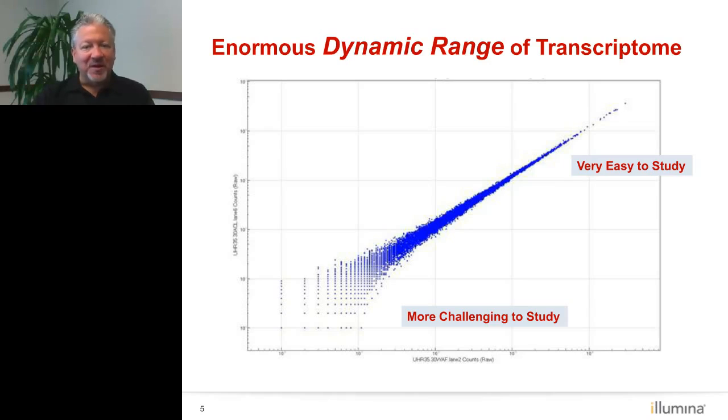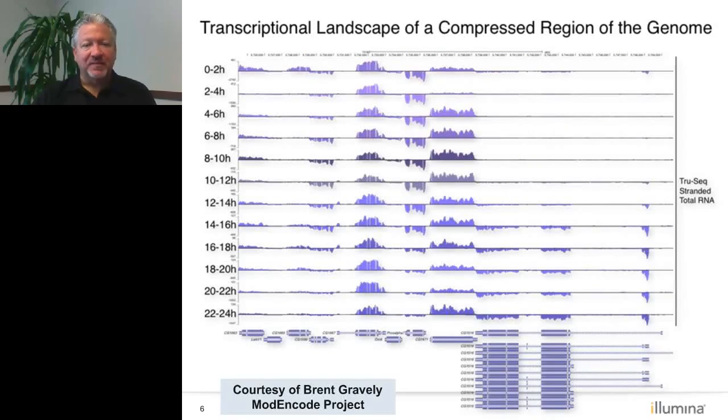From about here on up, you only need 5 or 10 million reads to actually see everything you want to see in these genes. It's really about what goes on at this low end. So we'll have some recommendations throughout this webcast as to what we would recommend for the various preps to study some of these genes down at this end.